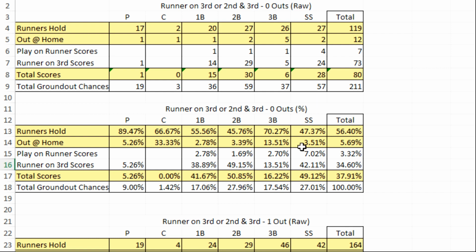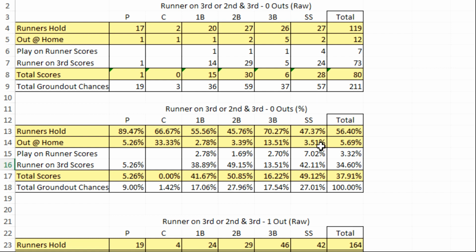And if we look at third and short, similar breakdown. To third, of course, the runner's holding 7 times out of 10, because if the ball's hit that way, the third baseman's fielding, the runner on third is so close that he probably isn't going to try to score, especially with no outs. So he's holding up.